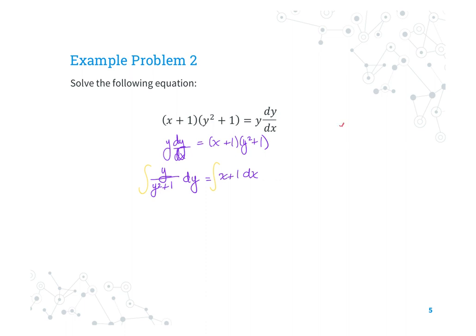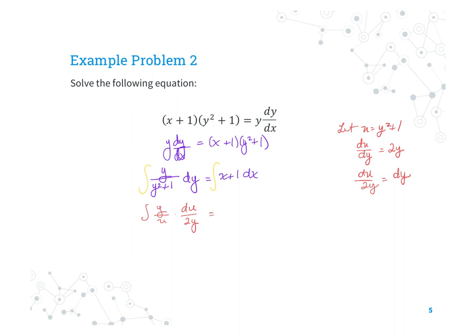Let u equal y squared plus 1, because then du/dy equals 2y, or du over 2y equals dy. So with the substitution, this is the integral of y over u times dy, which is du over 2y.